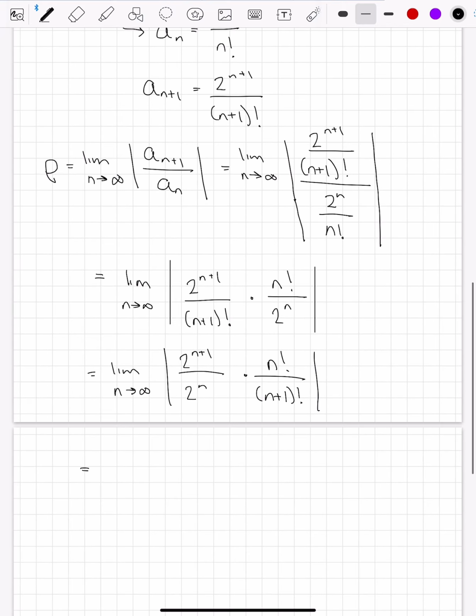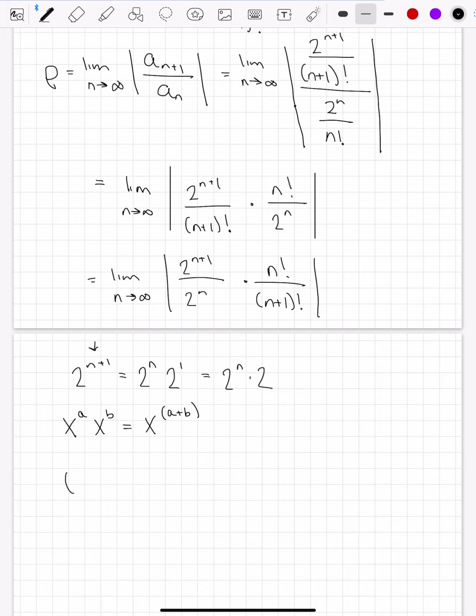Now, when I'm looking at 2 to the n plus 1, notice the rule for exponents: if you have something raised to some power times that same thing raised to another power, you add the powers. So I can split up this sum as 2 to the n times 2 to the 1, which is just 2 to the n times 2.